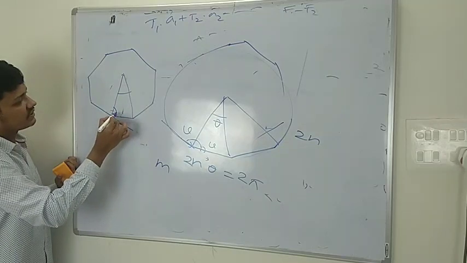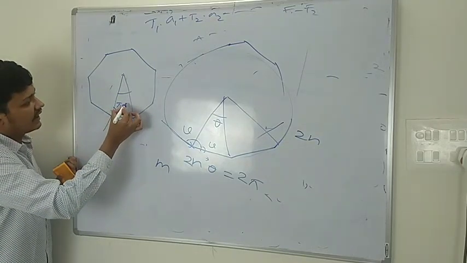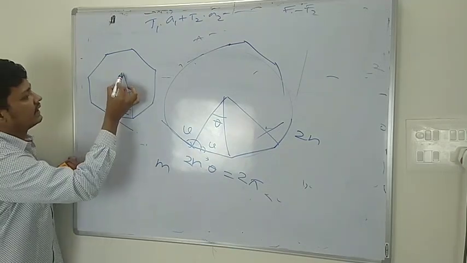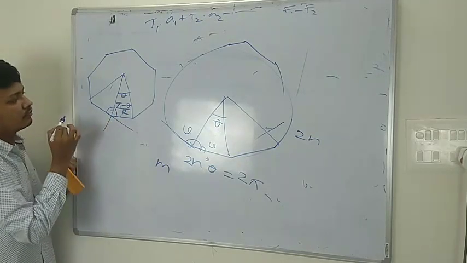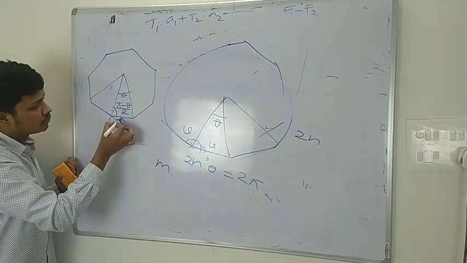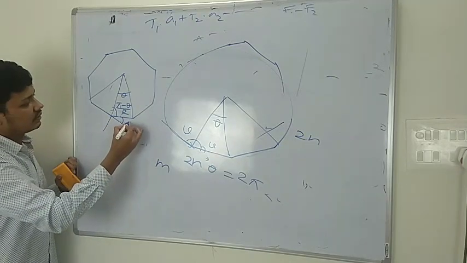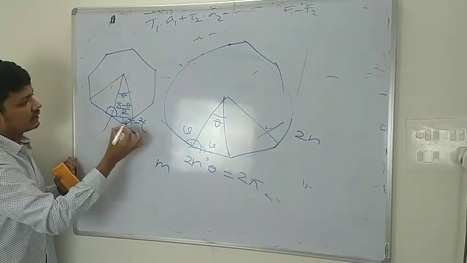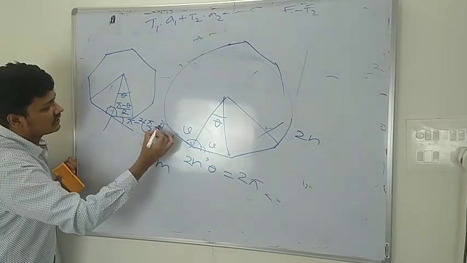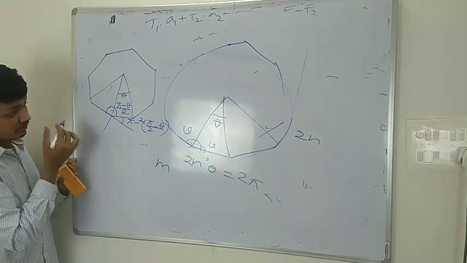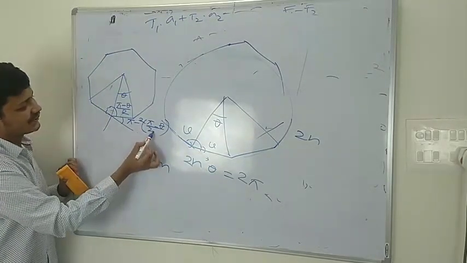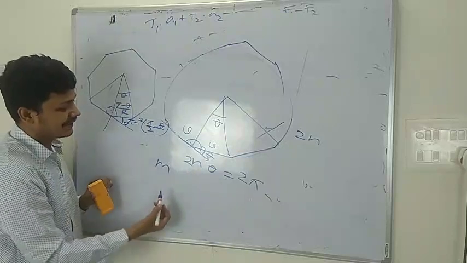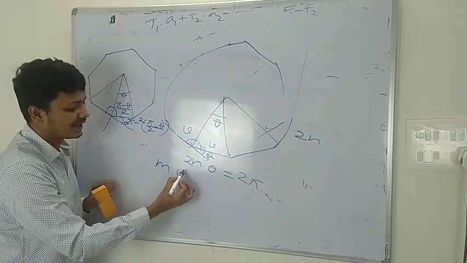This angle is 180 minus theta, this angle is theta by 2, and again this angle is also the same, 180 minus theta by 2. So this angle must be 180 minus the sum of these two angles, and simple, this angle is coming as theta.